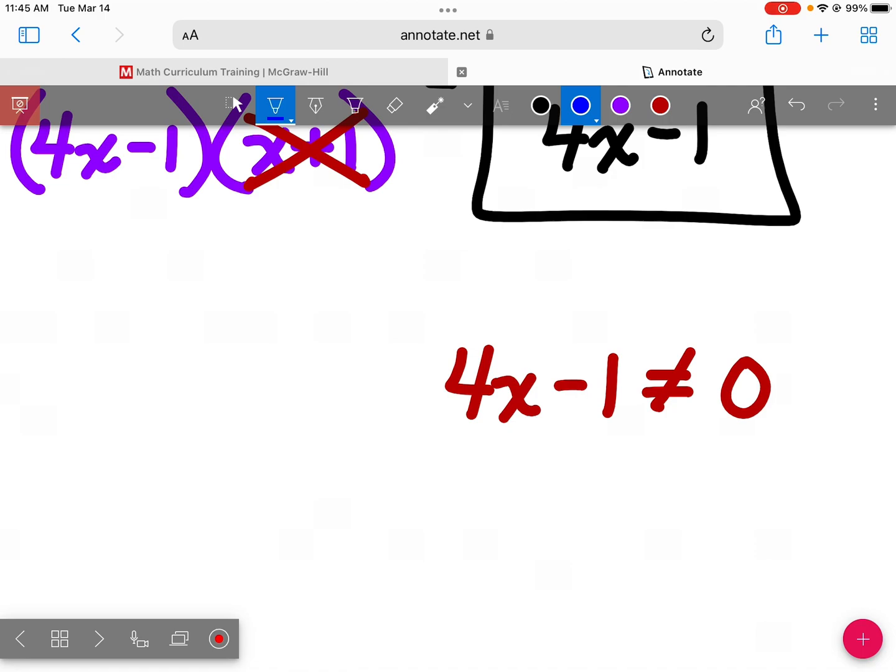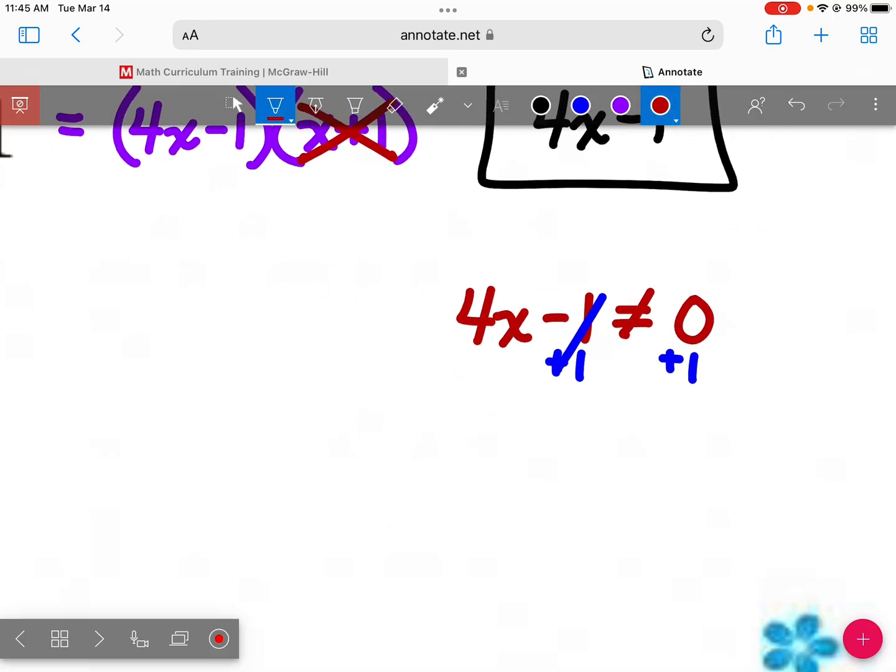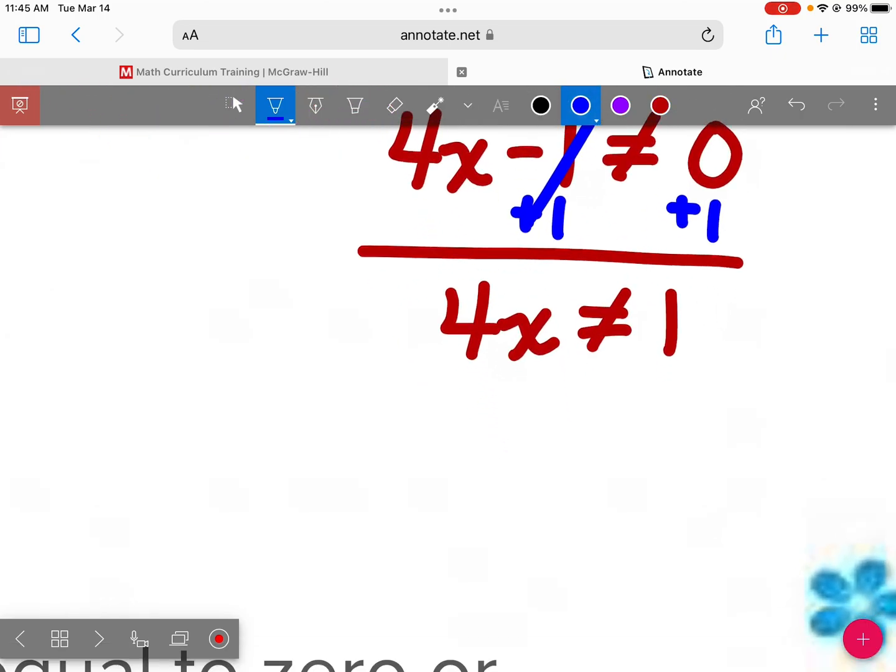What would I need to do there to get the x by itself? Add 1 to both sides. So 4x is not allowed to be 1. What else would I need to do to get the x all alone? Divide both sides by 4.